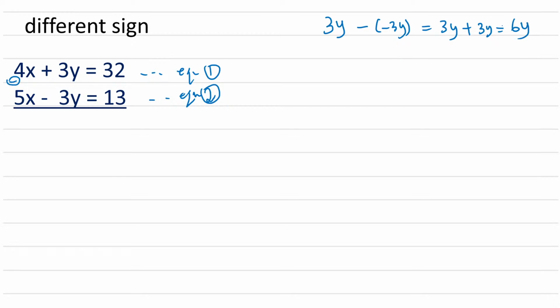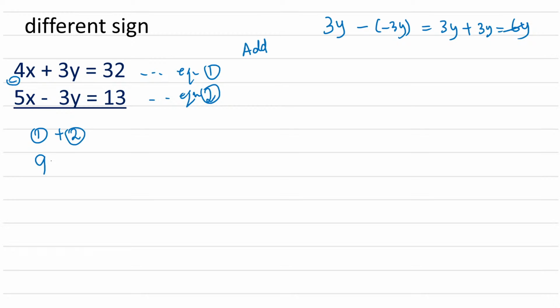I don't want 6y, I want 0 y's. So what should I do then? Well, the only way to do this is to add the two equations. The coefficients are the same, one is positive, one is negative. So when the signs are not the same, you need to add the two equations. So we're now going to say equation 1 plus 2. 4x plus 5x, what do you get?